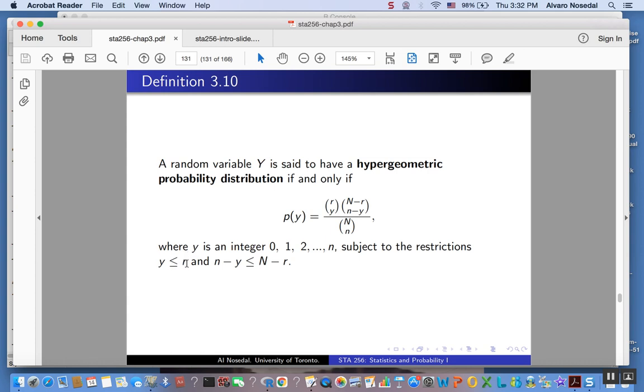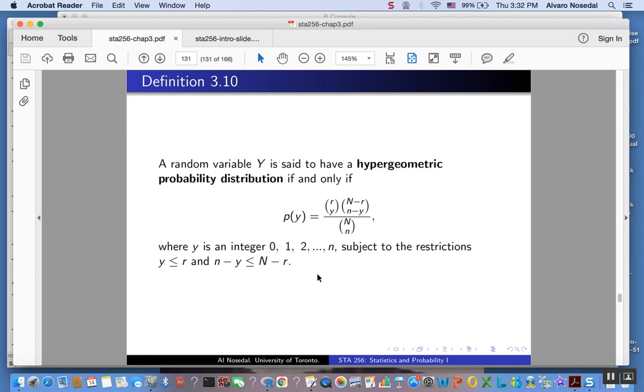Make sense? Just like in our case, we could have 0, 1, or 2 successes. We couldn't observe 3 women in our sample. Our sample is size 2 on one hand, and on the other hand, the number of successes in our population was 2. Okay, so that's what these restrictions mean.